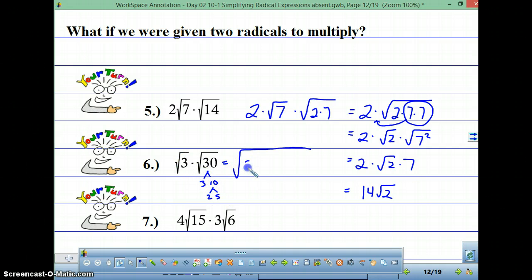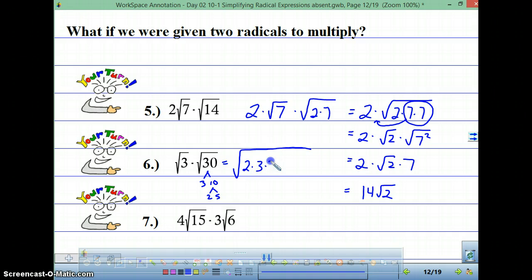So we're going to do 2 times 3 times 3 times 5. Here's my pair. This comes out of the radical. Okay, how does it do that? That's the same thing as square root of 3 squared times the square root of 10, which equals 3 root 10.